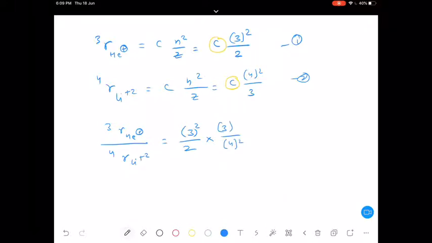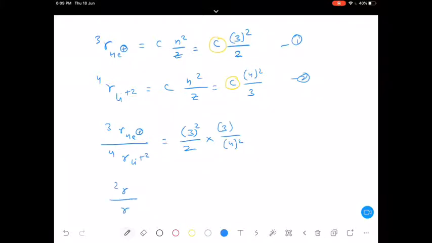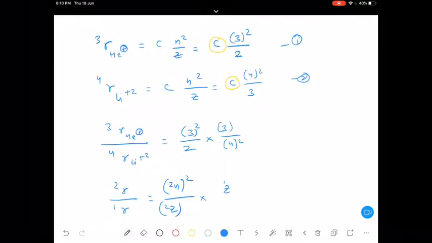Is that correct? Or simply, if I want to write R2 by R1, that will come out to be n2 square by Z2, where this 2 on this side defines which atom or which species we are talking about, multiplied by Z1 by n1 square.